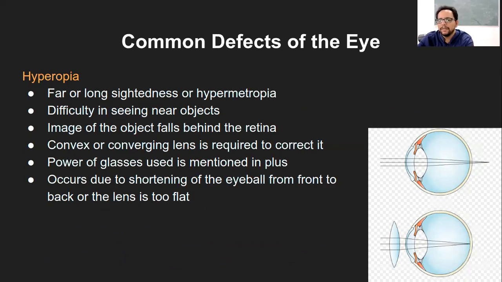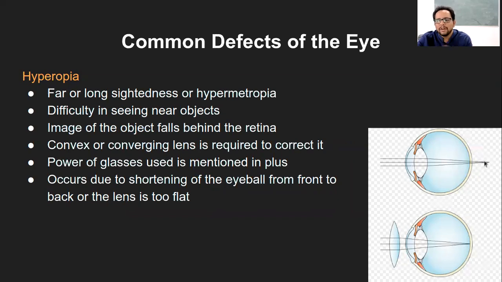It is because of the squeezing of the eyeball from front to back, and that's when the lens gets stretched, so it becomes thinner, and you use a convex lens, or what we call a converging lens. Because of this converging lens, it will bring the light rays closer, and it will further converge them at the focal point. And the specific case is that the image is formed beyond the retina.